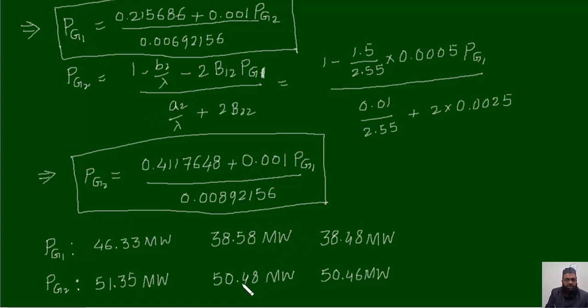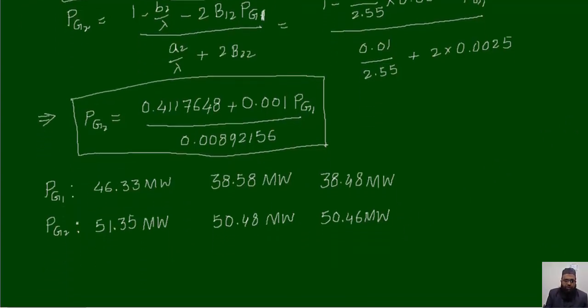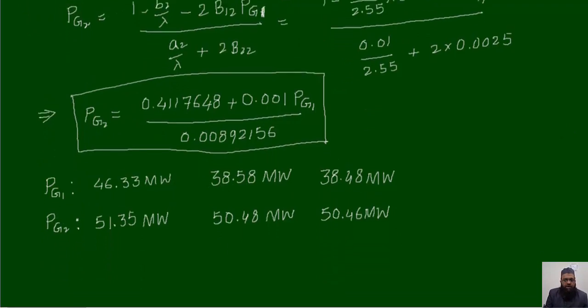That is again calculate Pg1 by substituting this 50.48 megawatt here Pg2 and that Pg1 is coming out to be 38.48 megawatt. Again substitute this value of Pg1 here in the equation of Pg2 and we will obtain Pg2 as 50.46 megawatt. So we are getting the pairs of Pg1 and Pg2 more and more updated in each iteration.